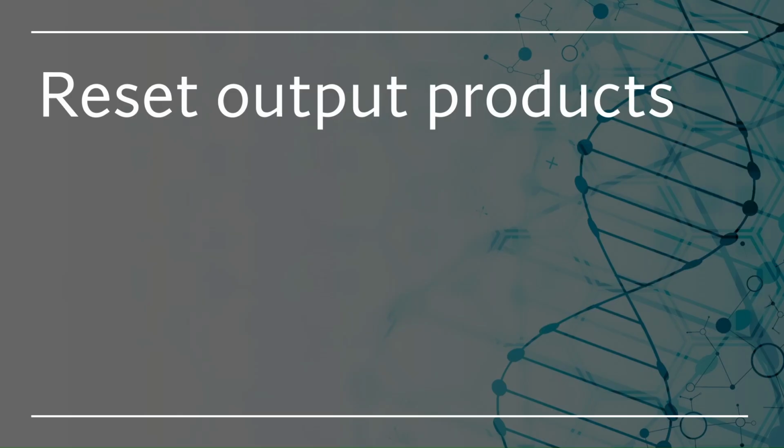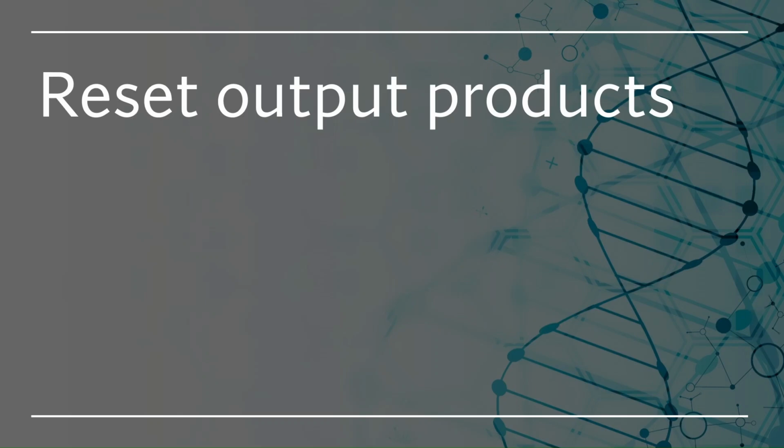There's another good hint: sometimes when you work with block designs and they just won't work for some reason, they give you an error message that you don't understand what to do with, there's a button that says reset output products, and this sometimes fixes it.